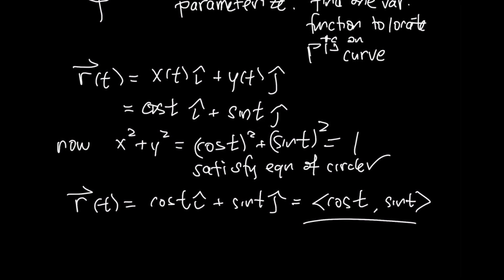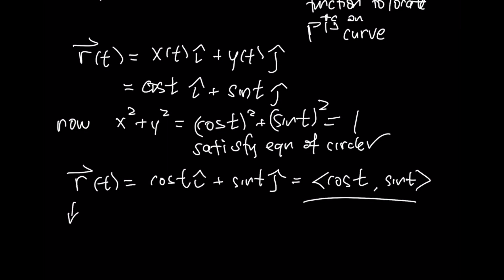This will allow me to describe the points on the unit circle in R2 only using one input variable. All I have to do is supply you with a value of t, and then I can tell you where to stand in space. Now note, this tells you more than just points in space.